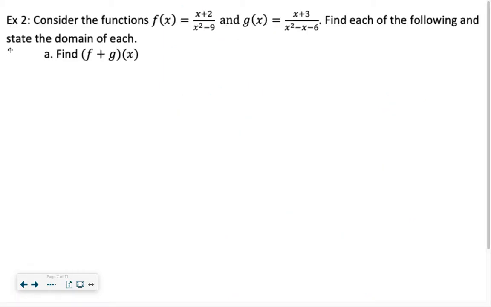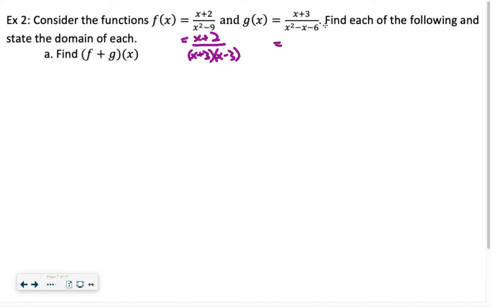These ones will actually be a little bit trickier to add and subtract, but maybe a little easier to multiply and divide. Now, I mentioned before that we want to factor anything we possibly can. In these two problems, I can factor both of the denominators. X squared minus 9 would factor into x plus 3 and x minus 3, because that's a difference of squares.